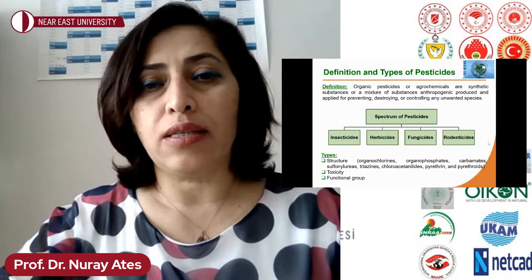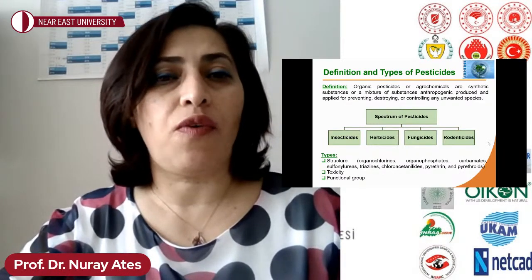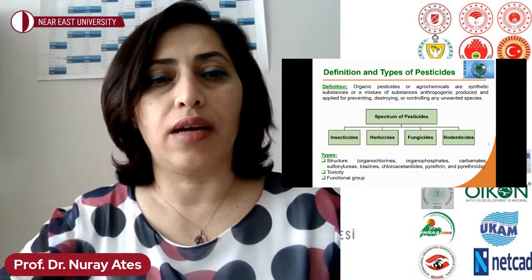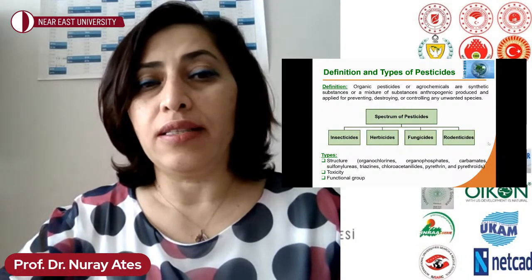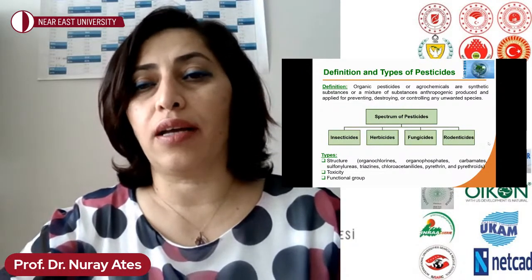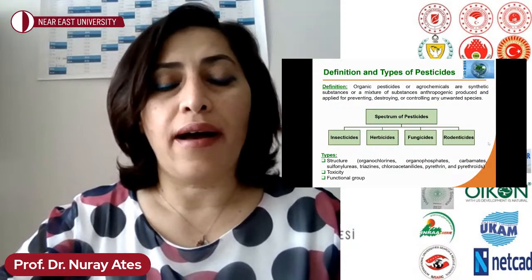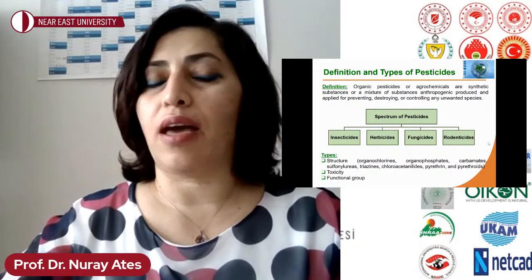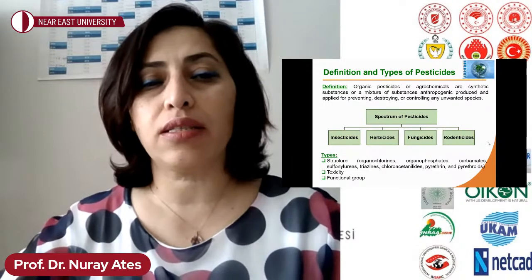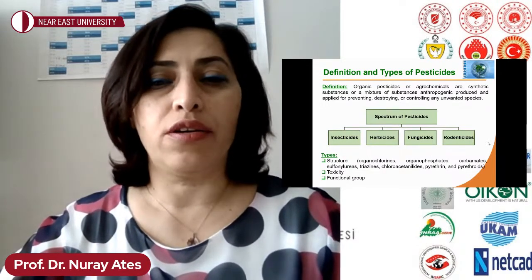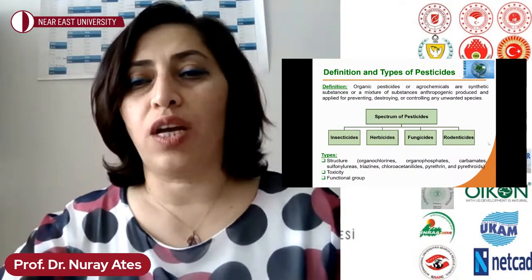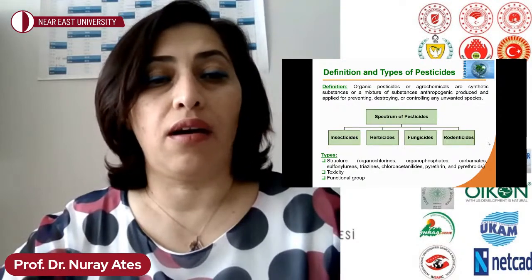Based on target applications, they are classified as insecticides, herbicides, fungicides, and rodenticides. On the other hand, based on chemical structure, they are classified as organochlorines, organophosphates, carbamates, triazines, and others.